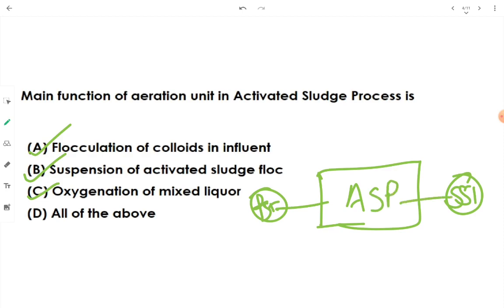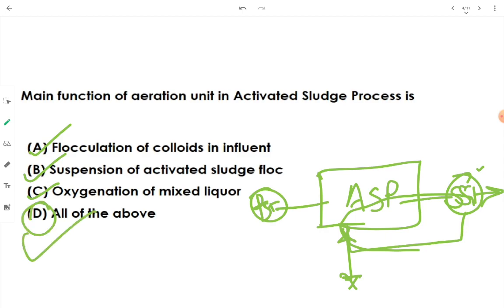One part of this wastewater which is being delivered to SST comes back to ASP, and SST then finally gives out effluent, and from ASP some portion which is recirculated is given to SST, and this cycle goes on till the desired effluent characteristics are obtained, and from ASP sludge is continuously received. Okay, this is how ASP is there in the wastewater treatment plant. Okay, that's why what option should we tick here in this question?